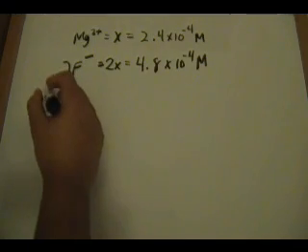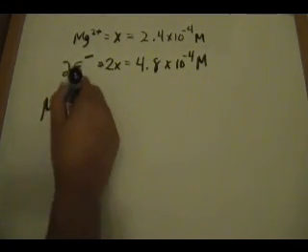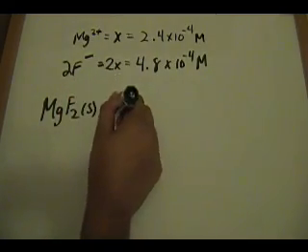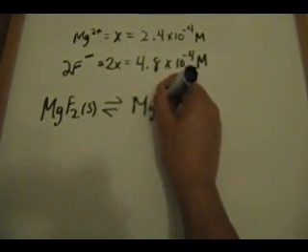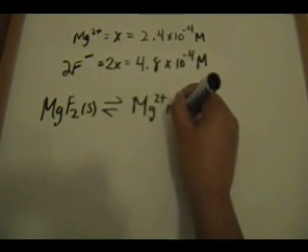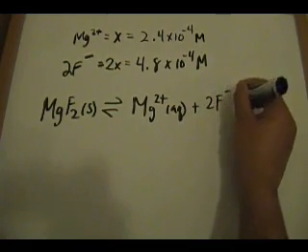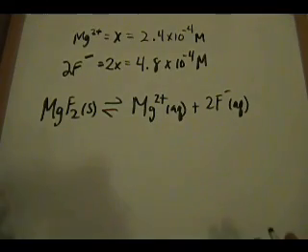Okay, so if we go back to our handy reaction, which was magnesium fluoride solid generates magnesium ions, Mg2+ aqueous, plus 2 fluorine minus aqueous. This reaction tells us the answer.